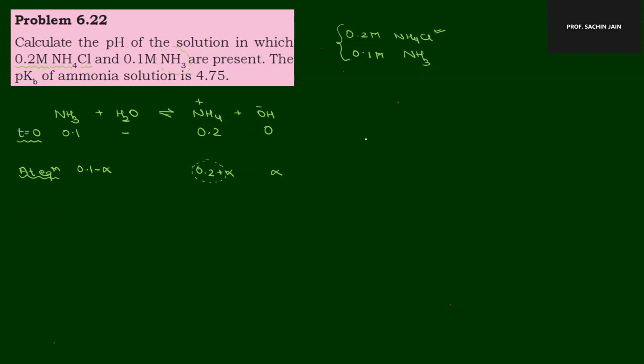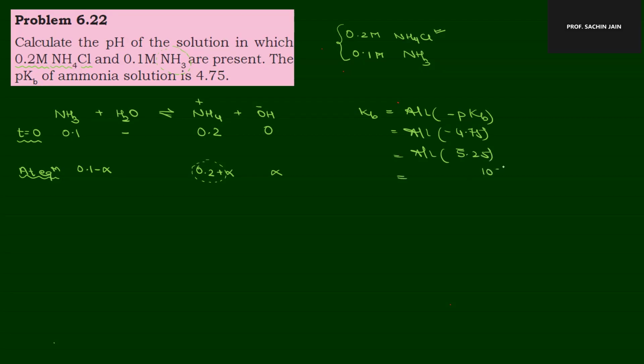तो next में क्या करना पड़ेगा, pKb से Kb को निकालना है. So Kb will be equal to antilog of minus pKb, which is equal to antilog of negative 4.75, which is equal to antilog of bar 5.25.